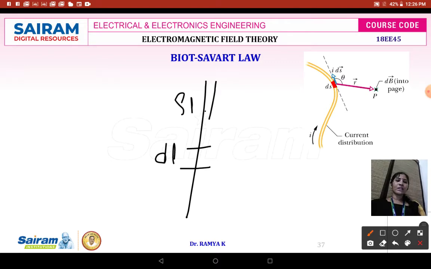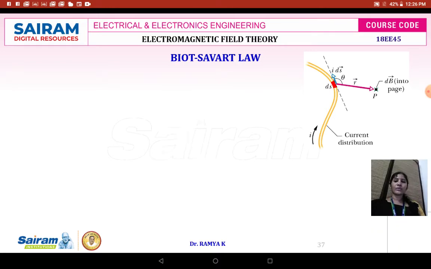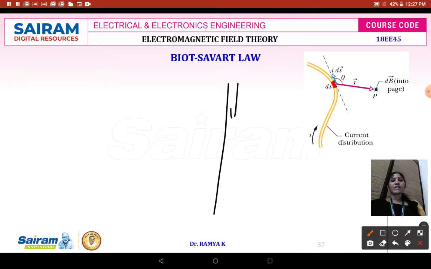You are going to consider a conductor with a line charge density and passing a current of I amps. If you are passing a current of I amps, you need to assume a differential current element. The differential current element assumed is going to be I into dl, and it is the point where we need to identify the value of your magnetic field intensity.